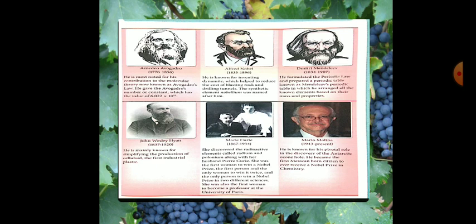She discovered a radioactive element called radium. And the last is Mario Molina. He was the first to discover the Antarctic ozone hole, and he became the first Mexican-born citizen to receive a Nobel Prize in chemistry.